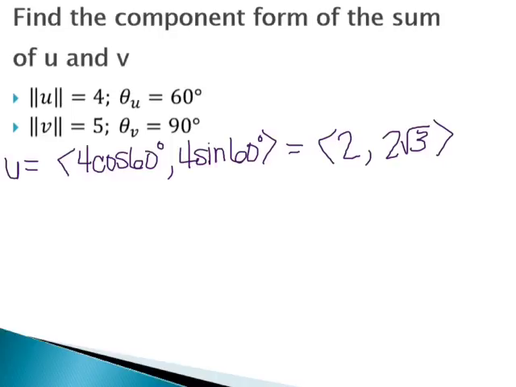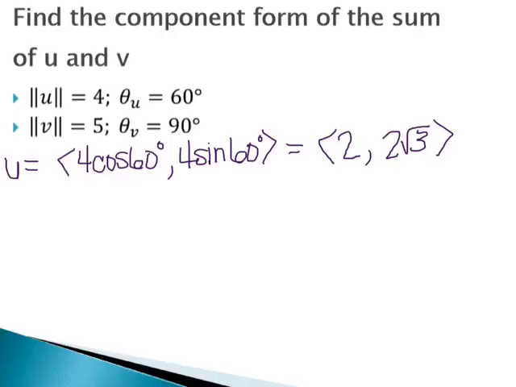In our example before, we had an angle of 126.87 degrees. That was fine to punch into your calculator. But since this is a 60-degree angle and we know the exact values of the sine and cosine, I do expect you not to put them in your calculator, but give them to me exact.